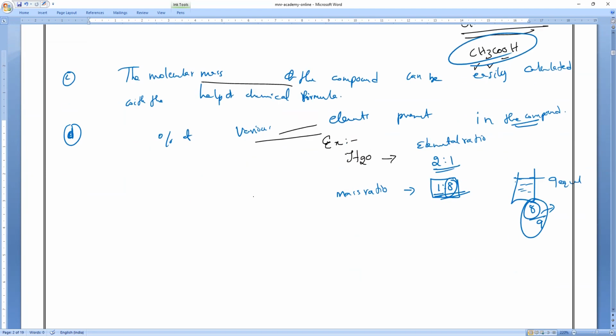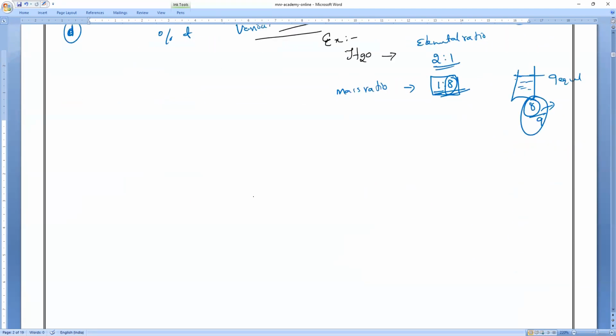First of all, we have 2 different kinds of compounds. Can you tell me what they are, everybody? One is ionic compounds, and another is what type? Covalent compounds.